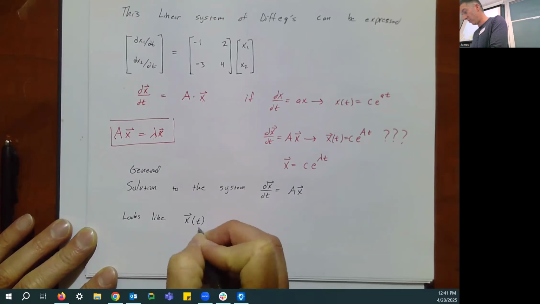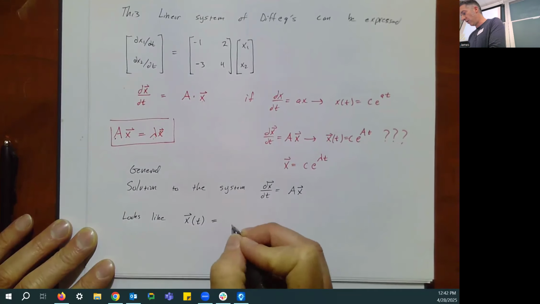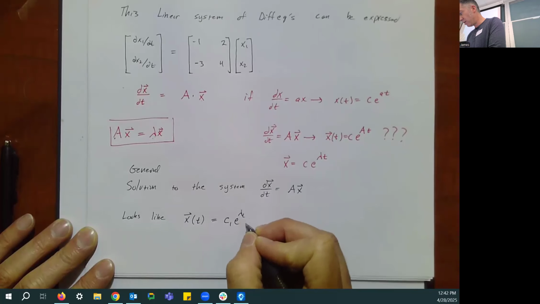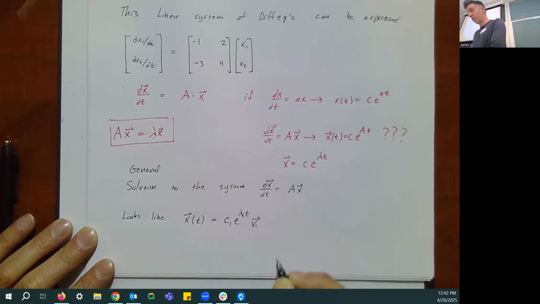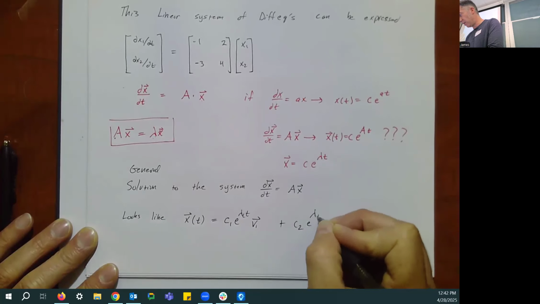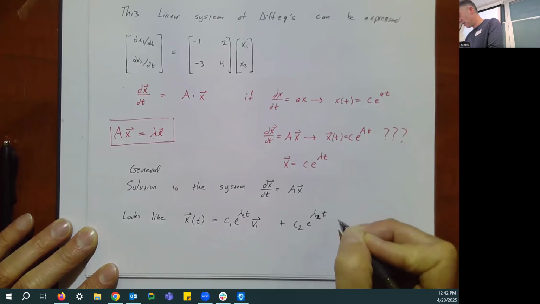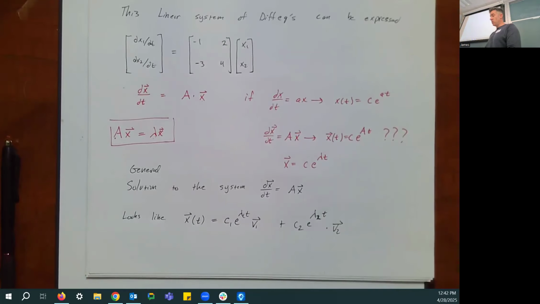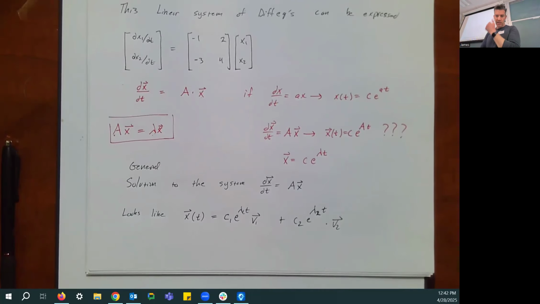Your solution vector, your populations at time t, are going to be some constant times e to the first eigenvalue times t times your first eigenvector, plus some other constant times e to your second eigenvalue times t times your second eigenvector. It's essentially like this solution idea, except since there are two eigenvalues for each matrix and two associated eigenvectors, we have to break it up into two parts. But this totally is a solution. And yeah, we have enough time.